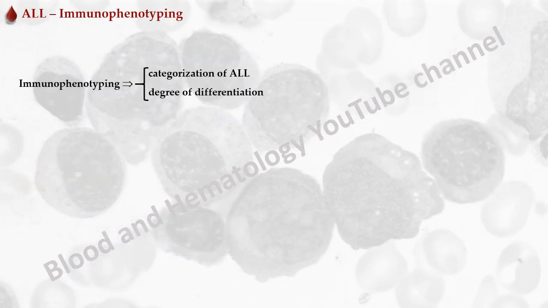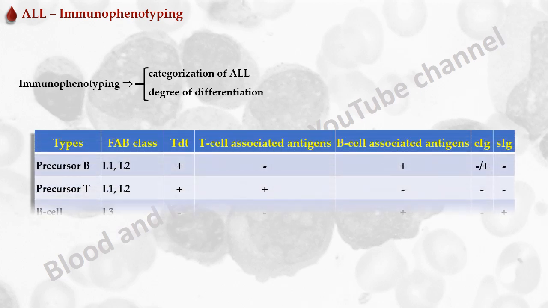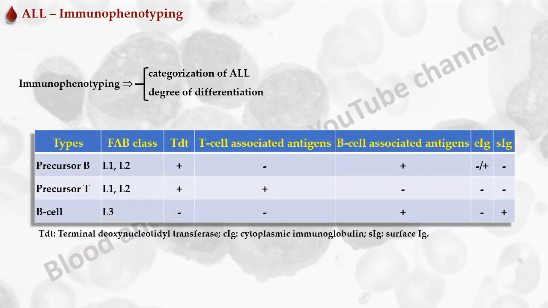Immunophenotyping allows the categorization of ALL into the B or T cell lineage and by degree of differentiation, by using a TdT assay and a panel of monoclonal antibodies for T cell and B cell associated antigens. Immunophenotypic categories of ALL include three main types.